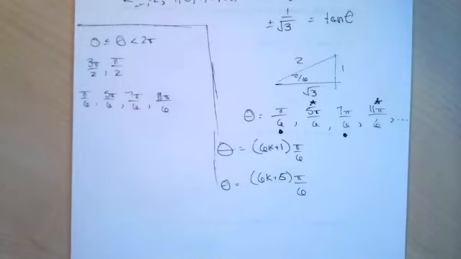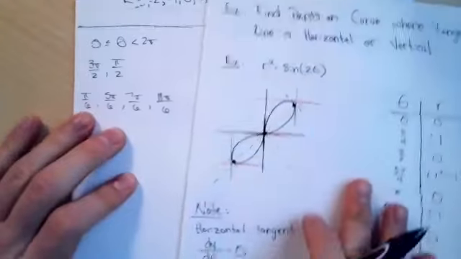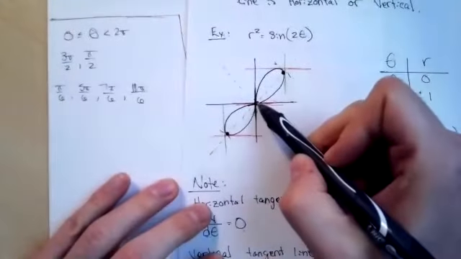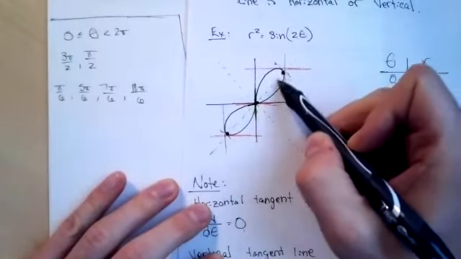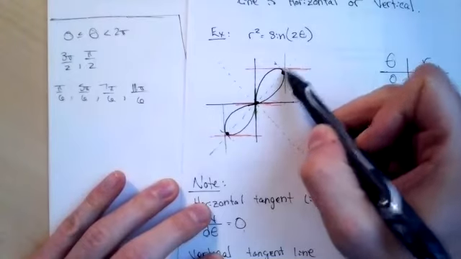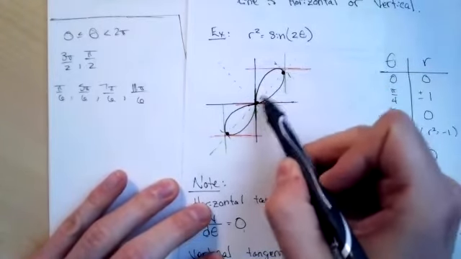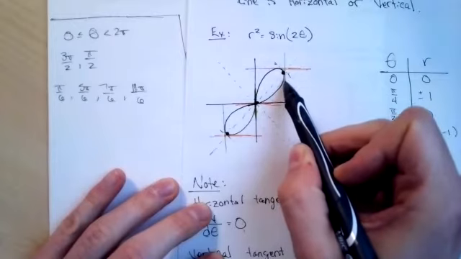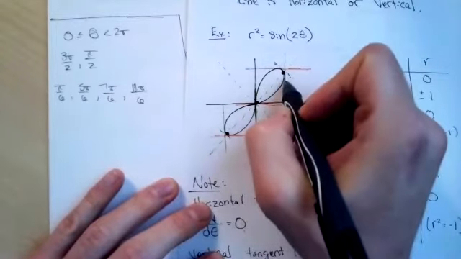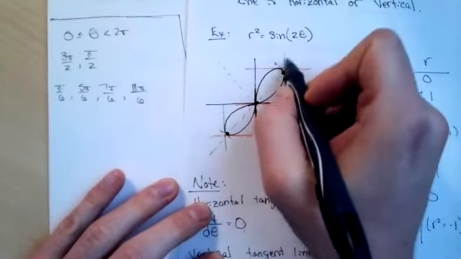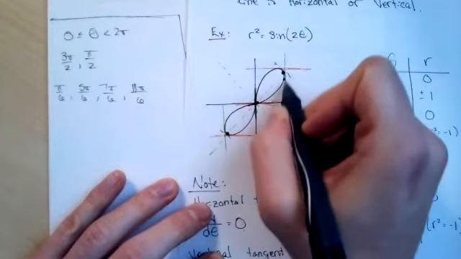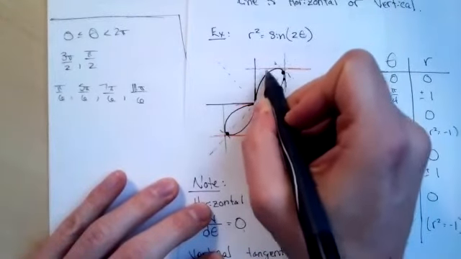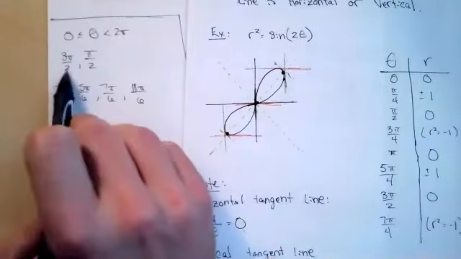So if we go back to our drawing, may not be the best, let's try to pick these out. We saw pi over 4, that should kind of go through where the tip of that petal is. So if we go less than that, if we're somewhere down here at pi over 6, probably be a better point of tangency where the vertical tangent line is. And then we're going to go around, and where's the next vertical tangent line?